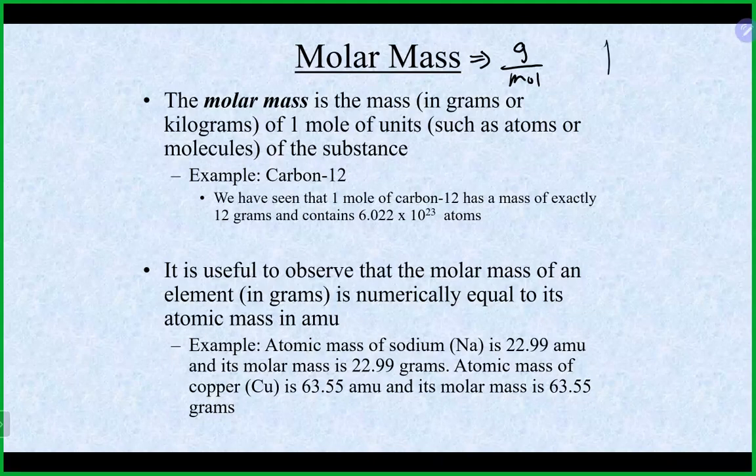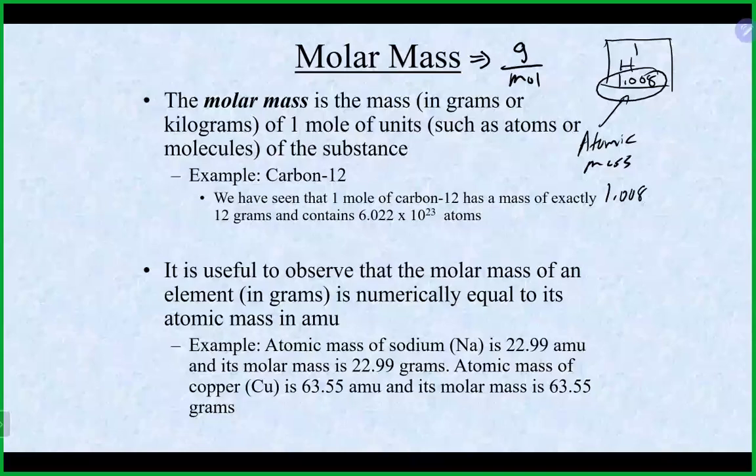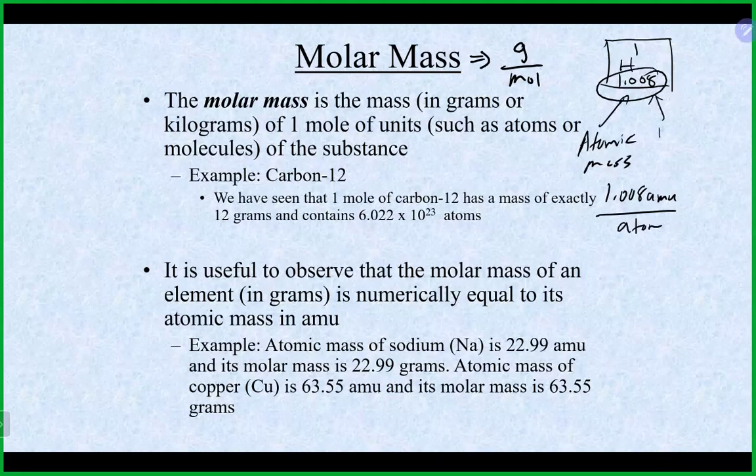And numerically speaking, with conversions, the atomic mass that we see on the bottom here, which was, as we just saw, 1.008 AMU per atom, is numerically equal to the molar mass, which for hydrogen would be 1.008 grams per mole.